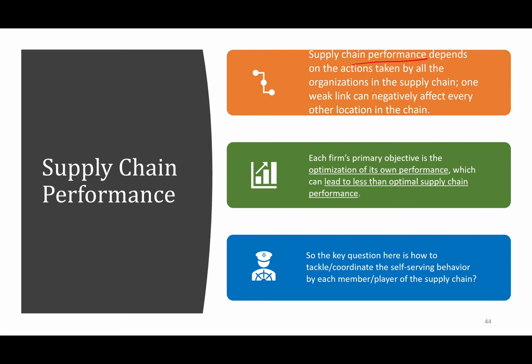So in this case, each firm's objective is the optimization of its own performance, which can lead to less than optimal supply chain performance. So what do we mean by optimization of its own performance?